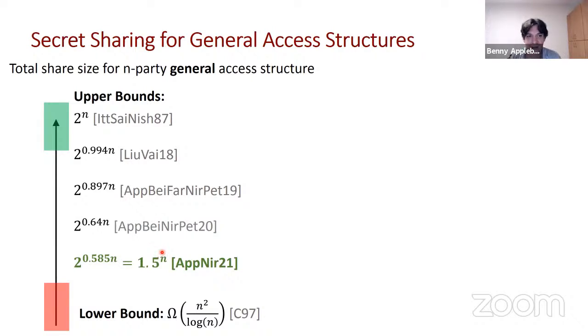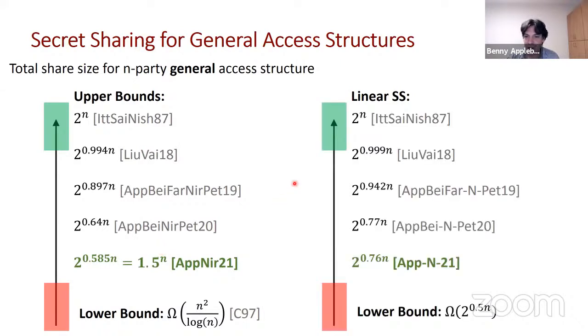We also studied the case of linear secret sharing schemes. In this setting, the sharing function of the dealer is a linear function, say over GF(2). Here the picture is somewhat similar. Again, Liu and Vaikuntanathan were able to improve the trivial 2 to the n upper bound slightly to 0.999, and following this result, there were several improvements.